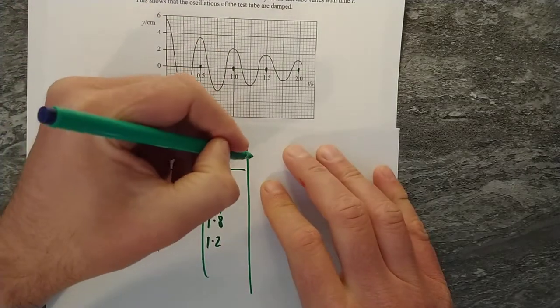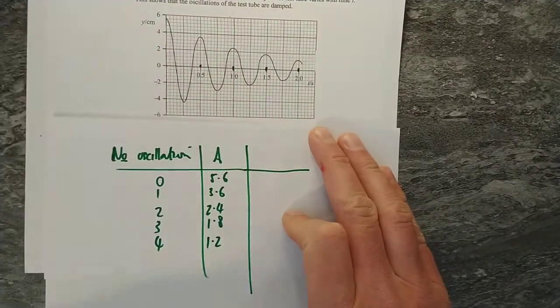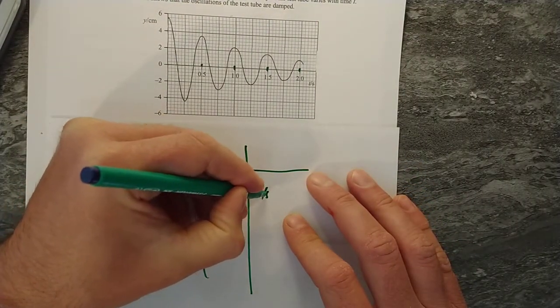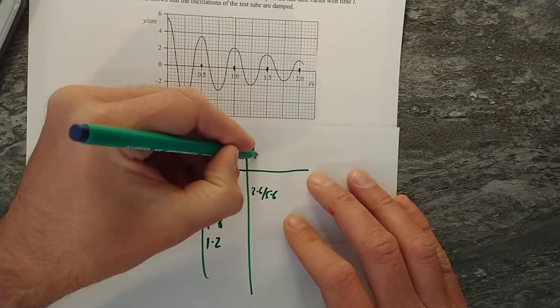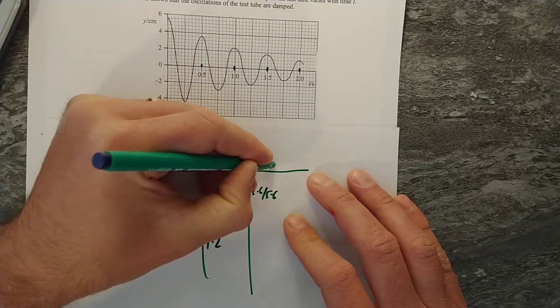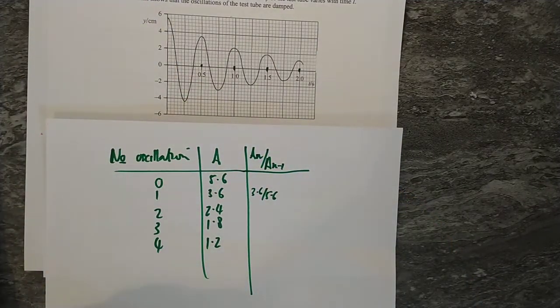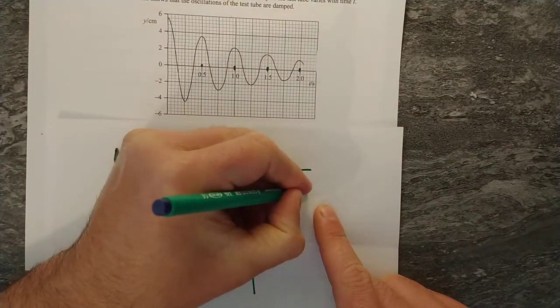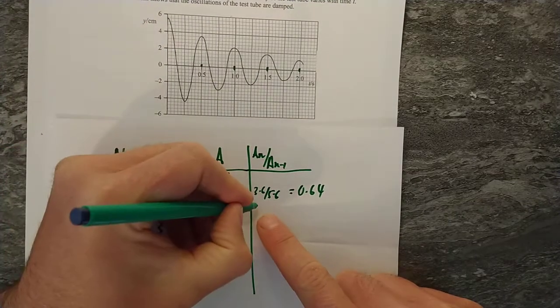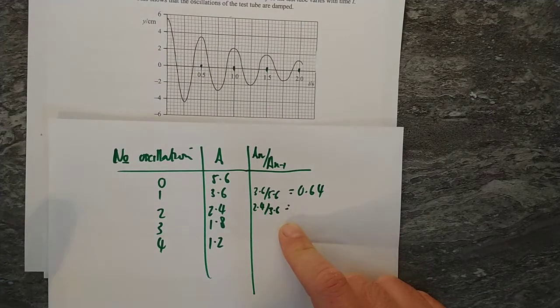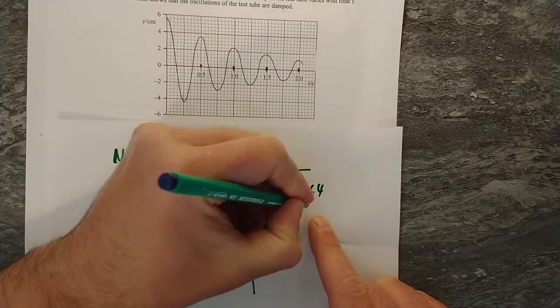So what I'm going to do is work out the fraction remaining for each one. For this one, 3.6 divided by 5.6. I'm going to write A_n divided by A_n-1, so the amplitude divided by the previous amplitude. So 3.6 divided by 5.6 is 0.64. Then for this one, 2.4 divided by 3.6 gives me 0.67.